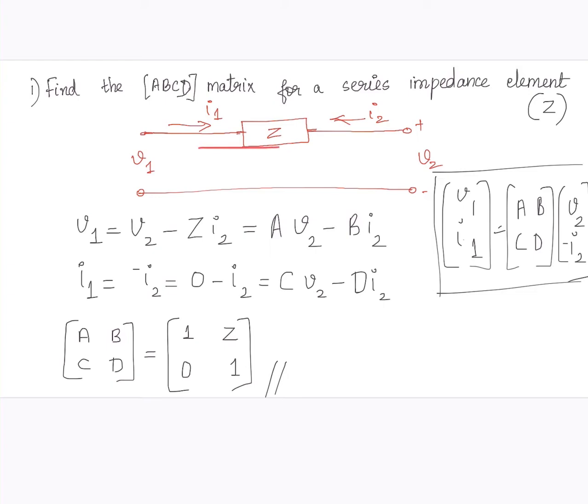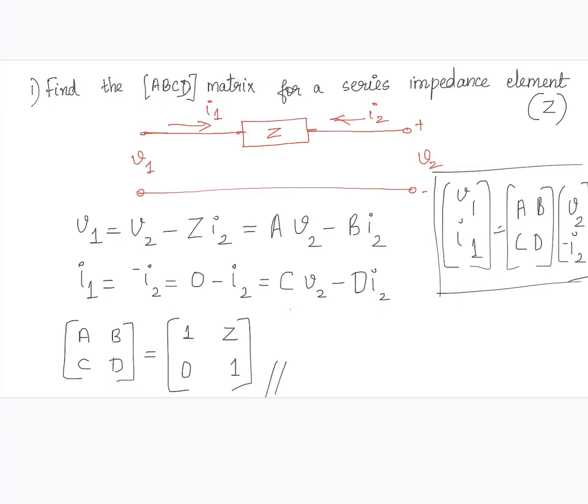Similarly, if you consider KCL, the currents are in opposite direction, so I1 will be equal to minus I2. Comparing it with the general expression, I1 is equal to C into V2 minus D into I2. Here the V2 term is missing, so we can write a 0 there. This becomes 0 minus I2.